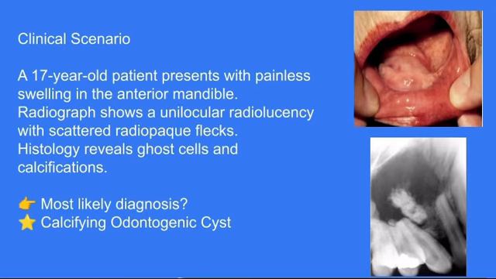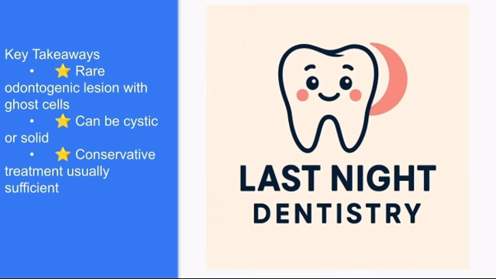As I have told you, ghost cells are seen here; anterior mandible, unilocular radiolucency, and radiopaque flakes were the key findings. Now coming to the key takeaways, to summarize: COC is a rare odontogenic lesion with ghost cells. It can be cystic or solid. Conservative treatment is usually sufficient.